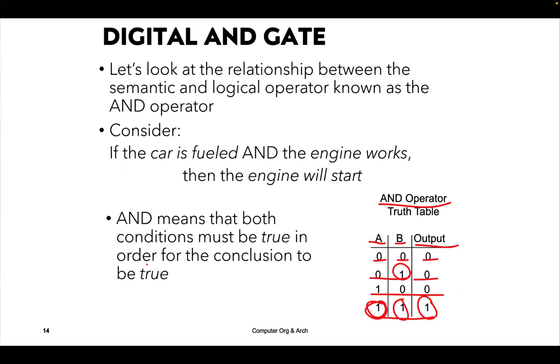So, AND means that both conditions must be true in order for the condition to be true. If the car is fueled and the engine works, then the engine will start. So the AND means that both conditions, input A and input B, have to be true for the output also to be true.